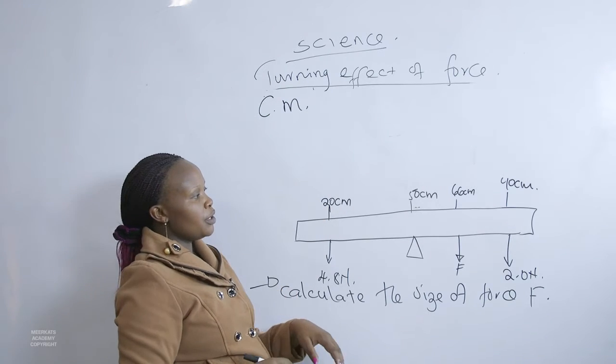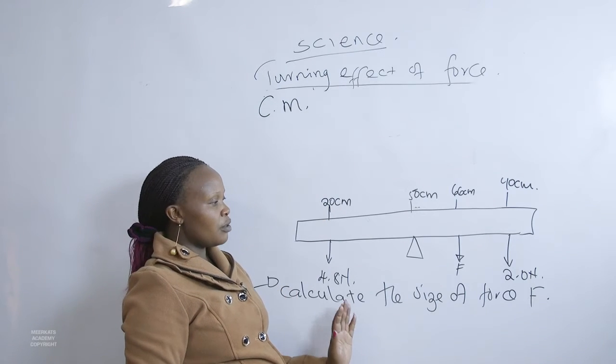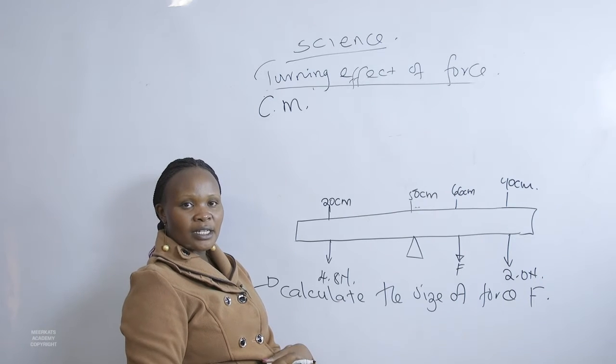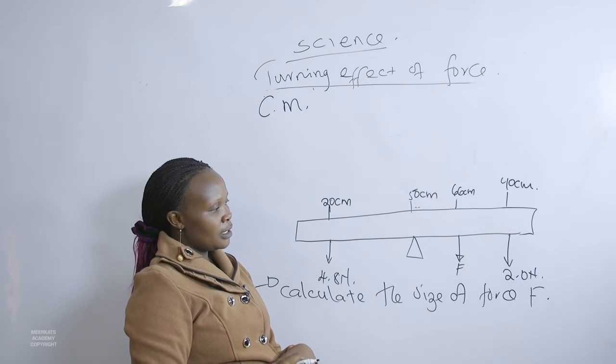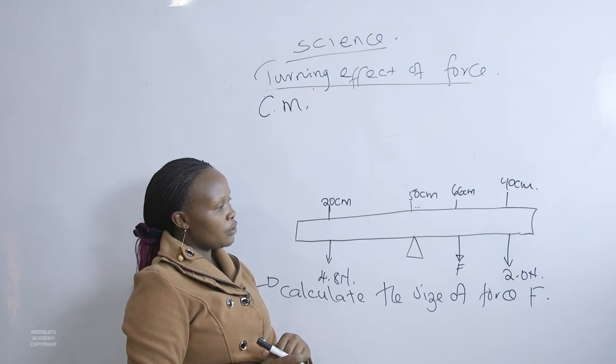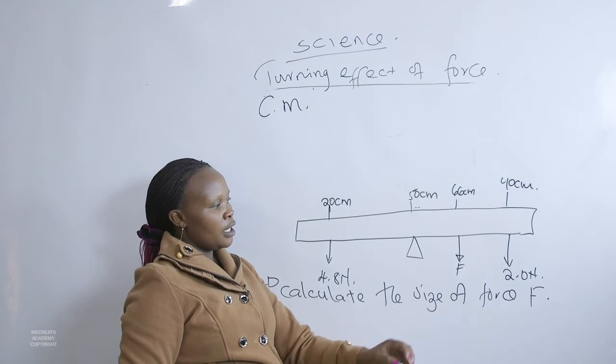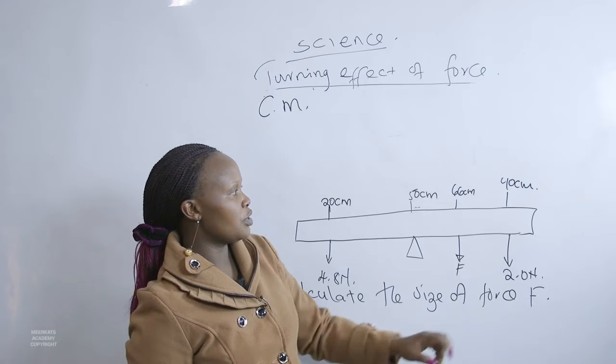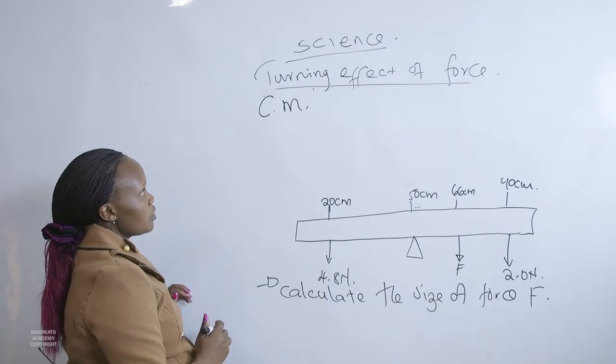Clockwise moment is given by those forces that act to the left side of our meter rule, that is force F, and the force that is 2.0 newtons.